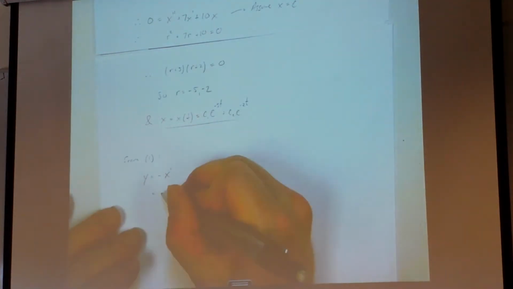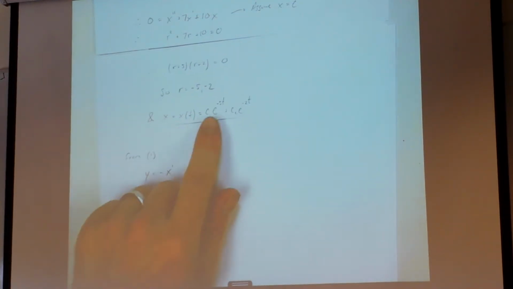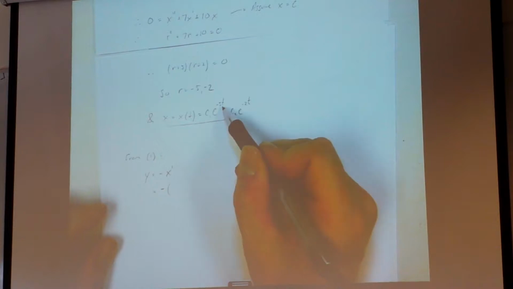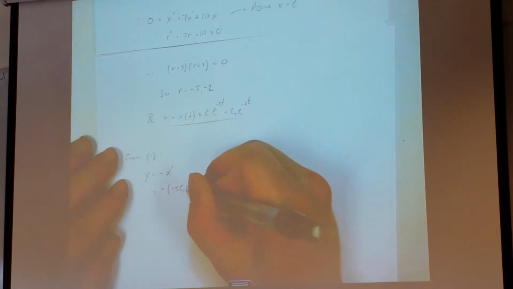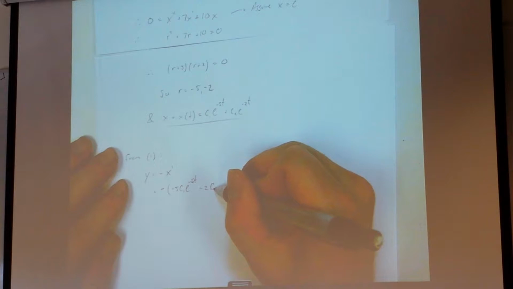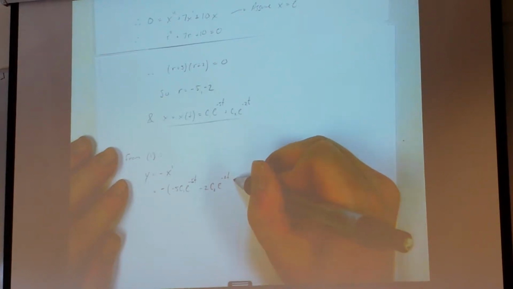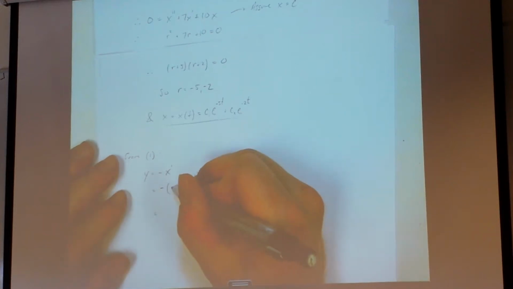Okay. So opposite of, let's differentiate. X prime is going to be, the -5 is going to pop out because of the chain rule, so I'll have -5c1 e to the -5t minus 2c2 e to the -2t, right? Pushing that negative through, and that puts them all positive again.